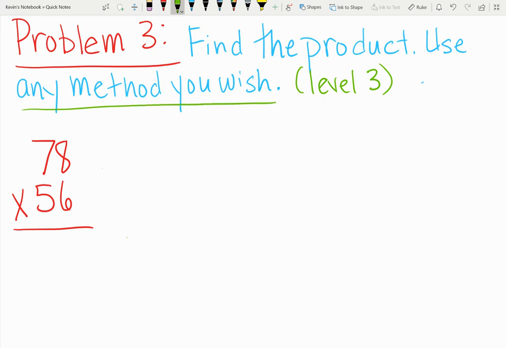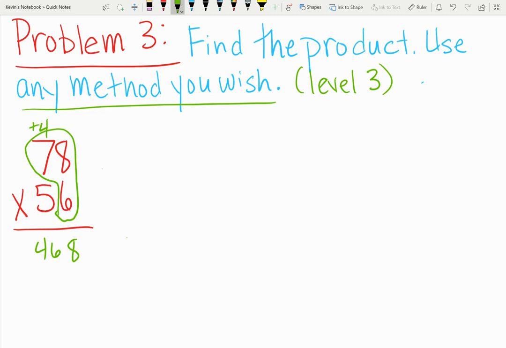So if it helps, what I'm going to do is make my total head here. And then 8 times 6 we know is 48. Carry my 4 over. And I do 7 times 6, we know is 42, and then you add the 4. 46.